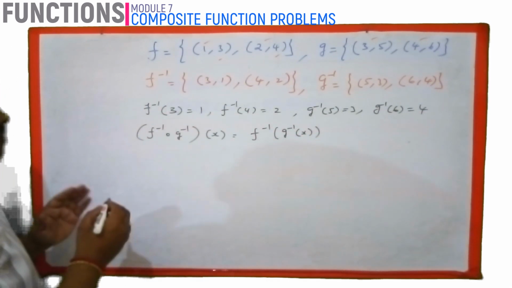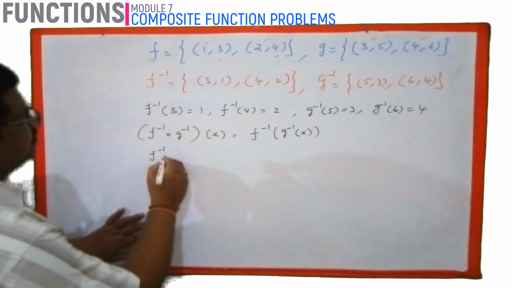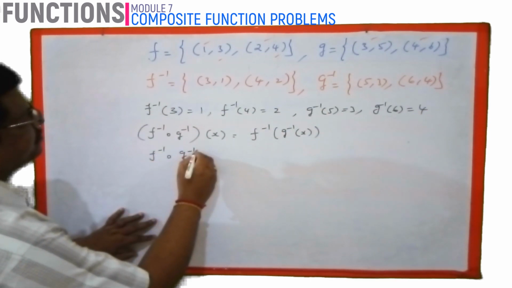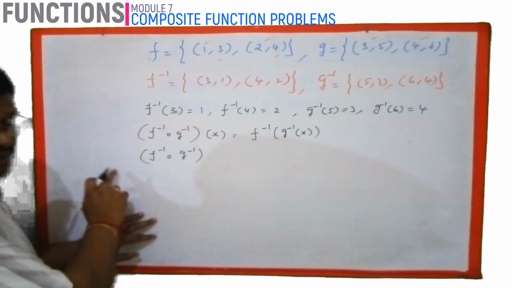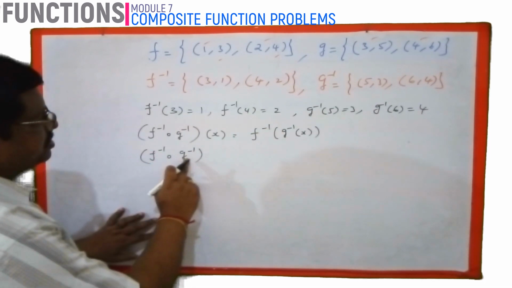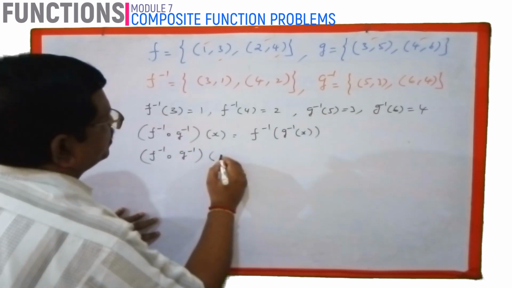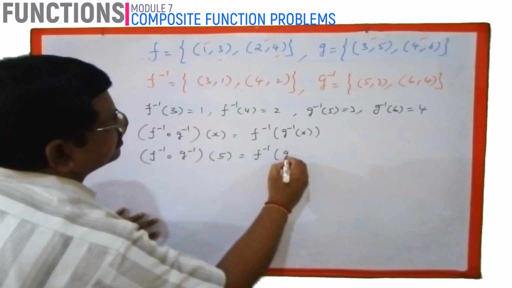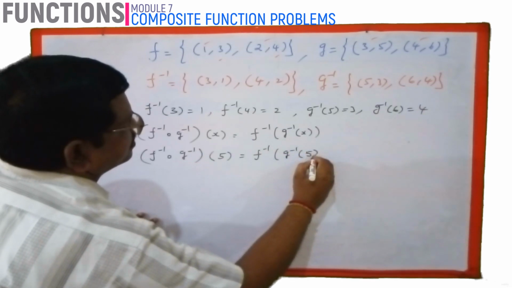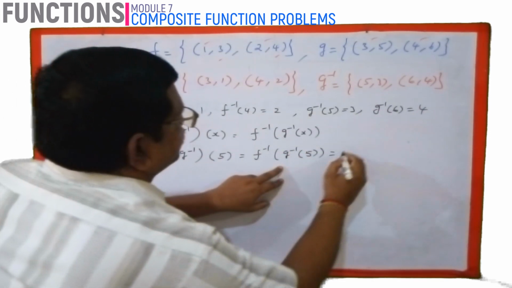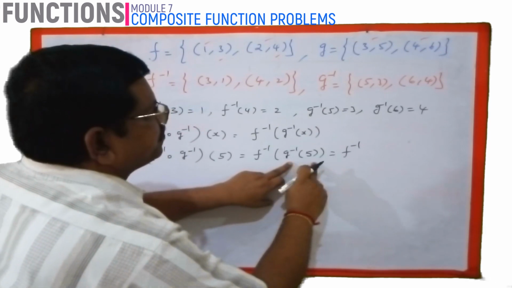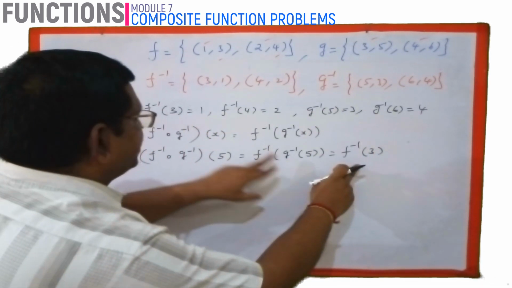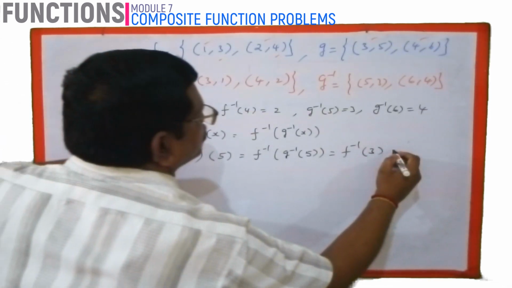Now, f inverse composite g inverse of the element 5 is equal to f inverse of g inverse of 5. What is g inverse of 5? That is nothing but 3. What is f inverse of 3? That is already got, that is equal to 1.